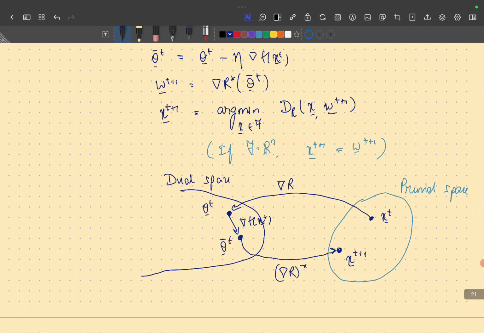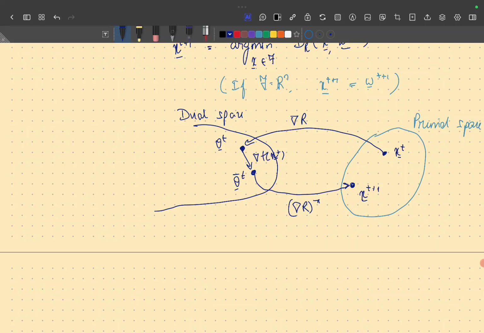Why does this approach even guarantee convergence? Well, I won't be able to prove this, but you can take a look at the book by Nisheeth Vishnoi for the convergence proof.